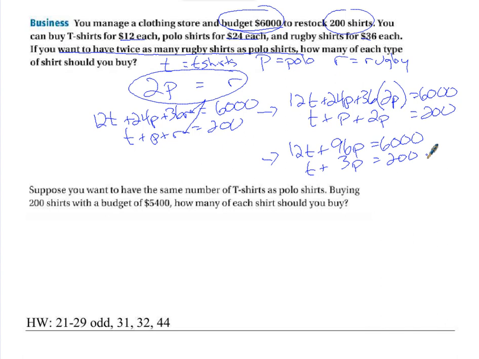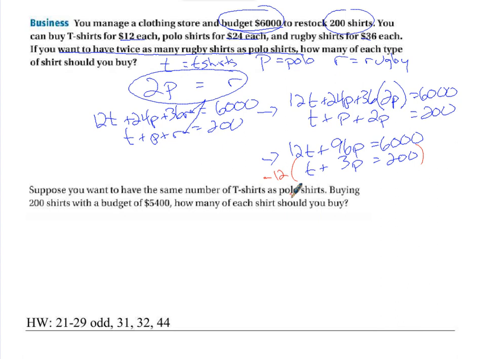So from here, you could use substitution or elimination. Which one looks easier? Elimination. We could multiply this bottom equation by negative 12 and use elimination to get P by itself. Make sense? Okay, so let's do that. Multiply the bottom equation by negative 12.